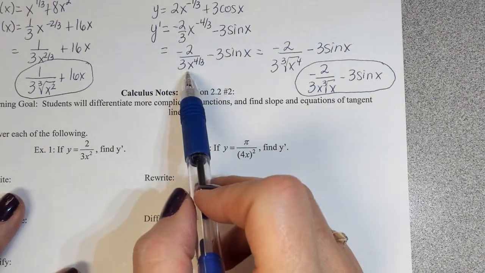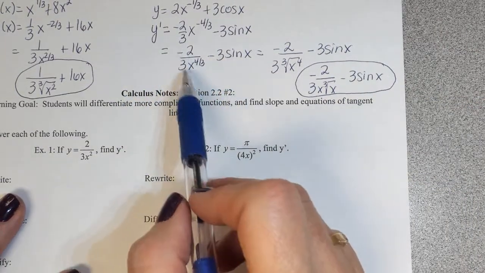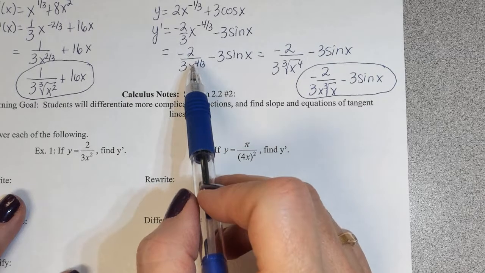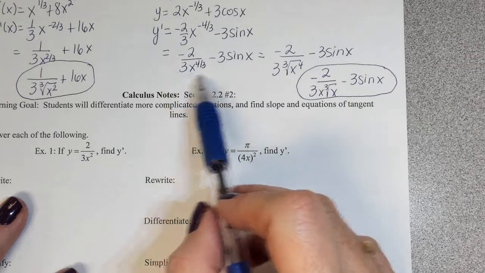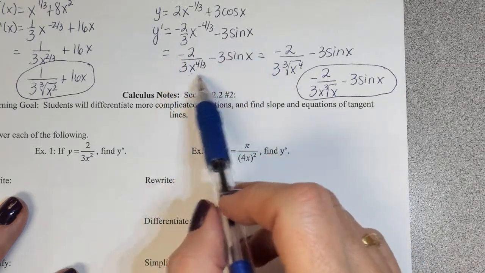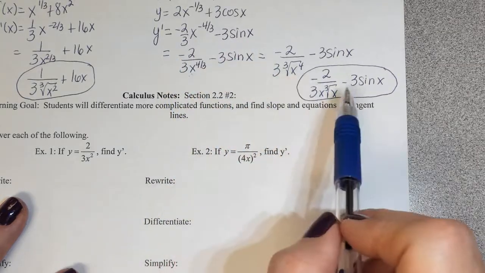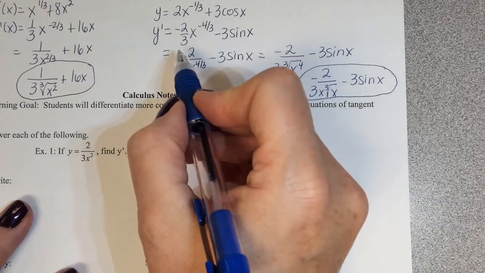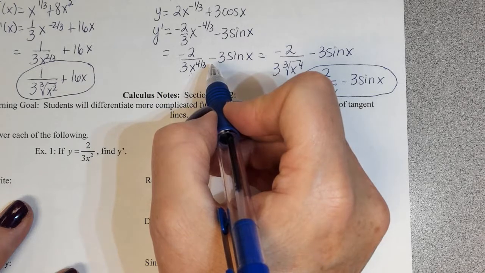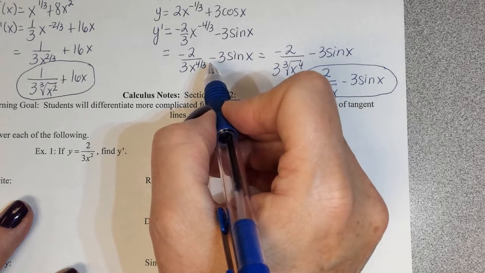Now, I'm fine if you leave these like this in rational exponent form, but I will, on a lot of quizzes and tests, give you multiple choice. If this is the correct answer, I wouldn't give you this as one of the choices if I really wanted you to write it in radical form. I might give you, like, change these to plus and give that as an option, just to see if you're paying attention.